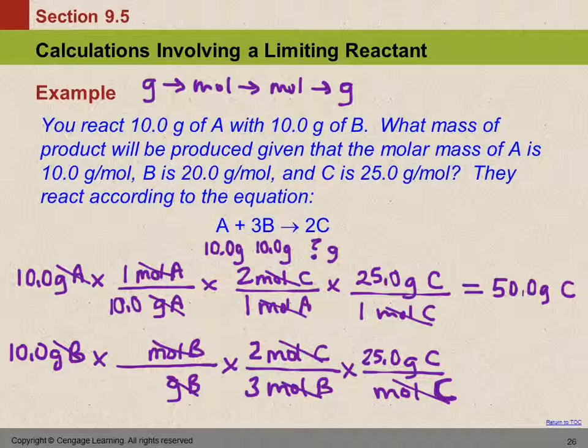The first term, molar mass of B, they gave it to us up here, 20 grams per mole. So 1 mole of B weighs 20 grams. I should be able to do this in my head, but life is too complicated right now to think about things like that. 8.33.